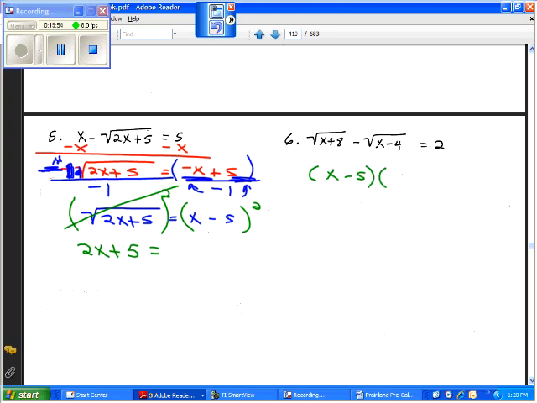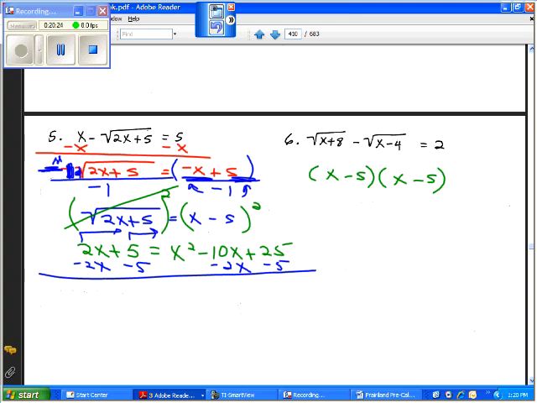That is x minus 5 times itself, which is going to be x squared minus 10x plus 25 if we FOIL it out, distribute it out, or use the binomial square rule. Again, we have a quadratic, so we need to set it equal to 0. So we need to shift those to the other side, remembering to change the sign when you cross over. So we'll have x squared minus 12x plus 20 equals 0.